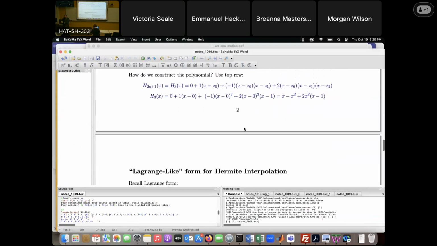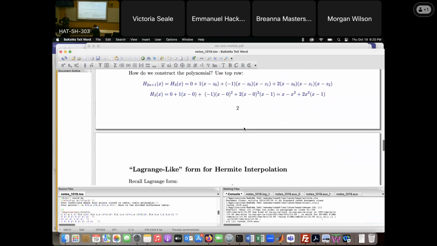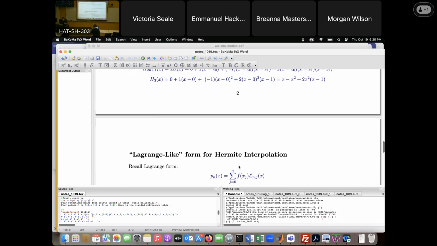Okay. Now, the last part. I know that at least one of you has already seen this. What is a way to generate an interpolating polynomial that's more like a Lagrange form? So here's the Lagrange form that we've seen before.